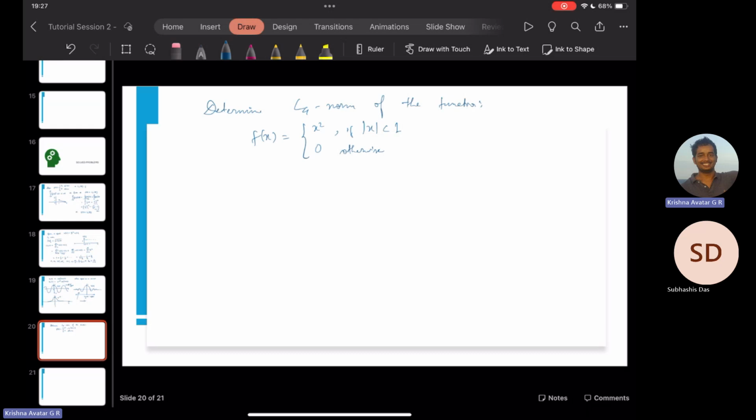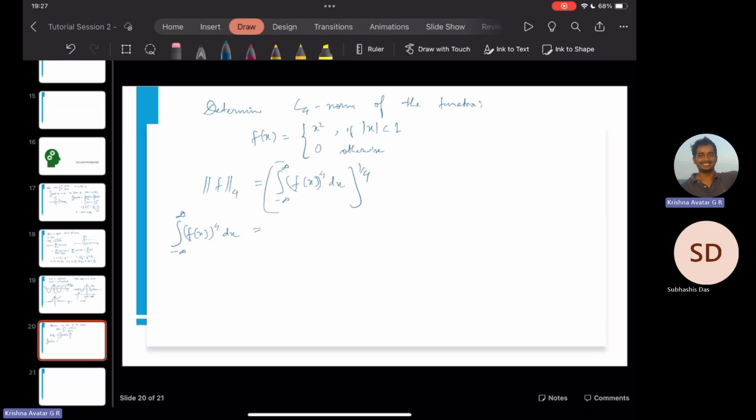The way we defined the L4 norm is: first raise the signal to the power 4, integrate it over whatever the domain is, and then take the fourth root of this. Let's first start with f of x to the power 4, integrated over the space.